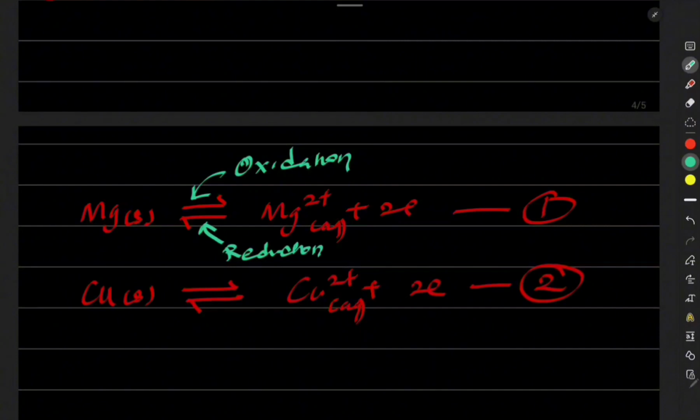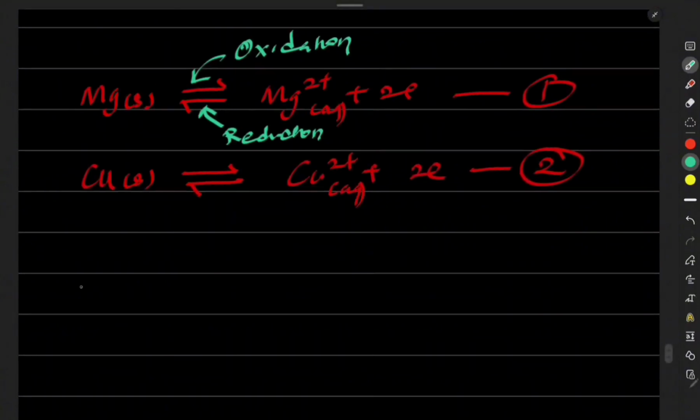Oxidation means releasing electrons, reduction means gaining electrons. To find the potential of an electrode, we use a reference electrode, which we call the standard hydrogen electrode. We use the standard hydrogen electrode to compare other electrodes with.